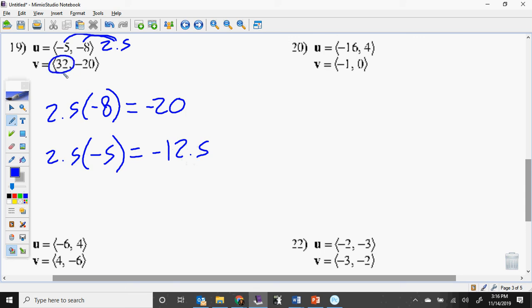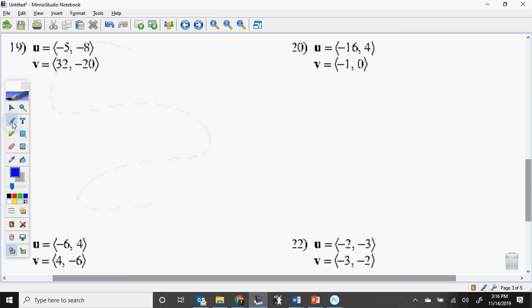But I'm supposed to get 32. So, not parallel. And just the fact that for u these are both negative, but v is one negative, one positive, also told me there was no way they could be parallel.